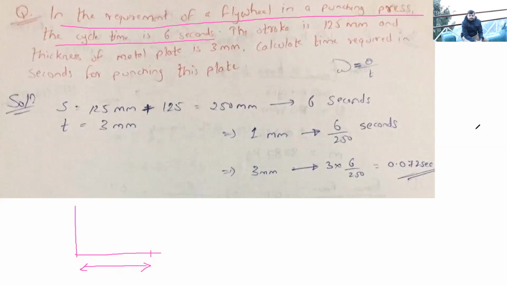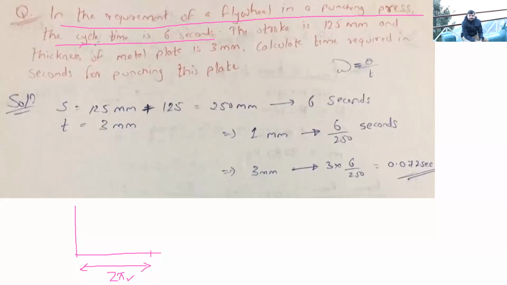By default, the cycle time would be nothing but the time taken to complete this cycle angle. Let's suppose the cycle angle is 2 pi. Then the time required by the crank to rotate 2 pi is the cycle time.